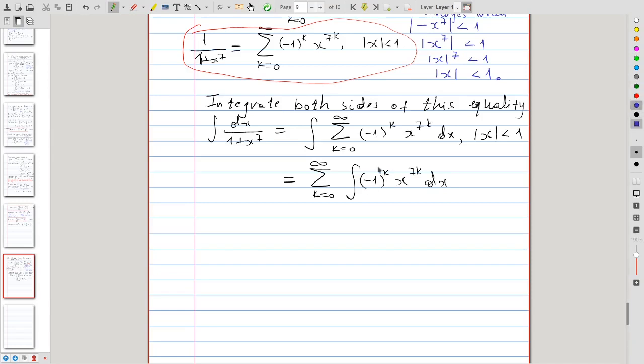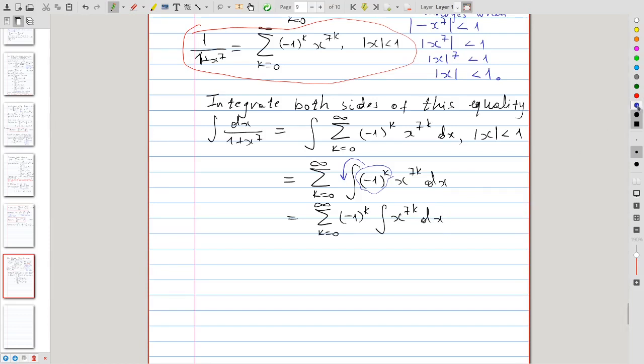Let us go ahead and integrate these integrals. This factor here is independent of x, so we can take it outside of the integration. And then we are looking at the sum of the constant factor minus 1 to the k times the integral of x to the 7k dx.